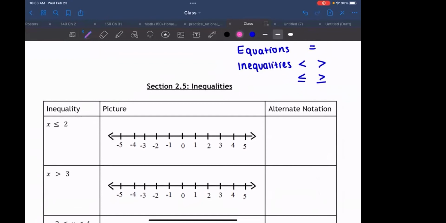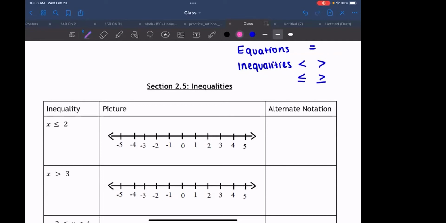So let's just look at the first one. It says x is less than or equal to 2. Two other ways we can say this: one is through a picture, basically. These pictures are an alternate way of showing an inequality. You can go back and forth between the way you write inequalities classically, the picture, and the third way.